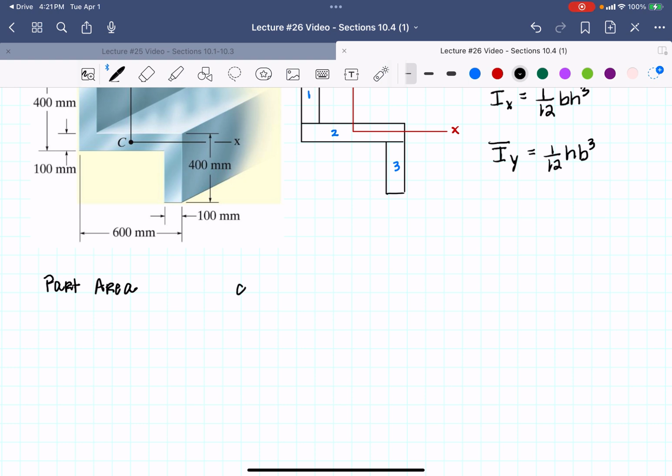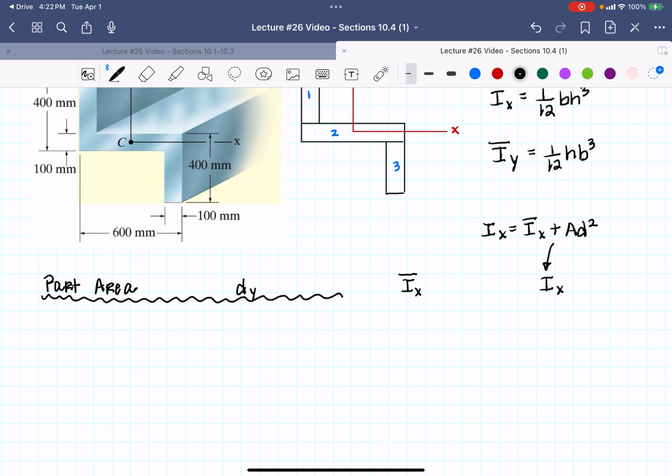So if you remember, that's going to be D of Y. Then I'm going to calculate I of X. And then using the parallel axis theorem, I'm going to calculate my final I of X. So remember, this is going to be I of X plus A D squared. It's the parallel axis theorem. All right, those are all the things I need.